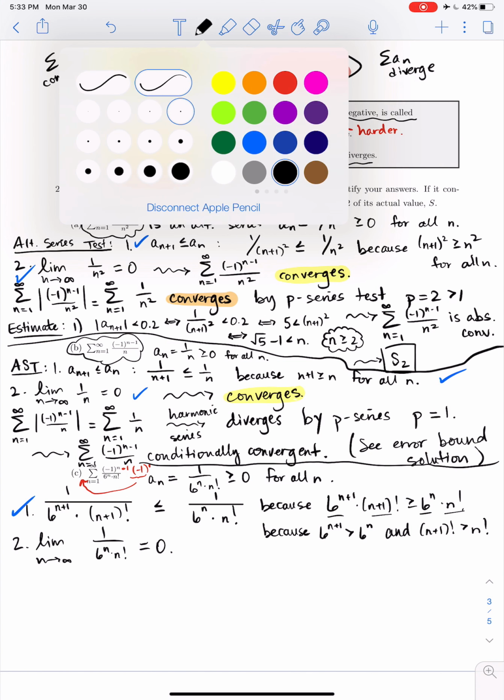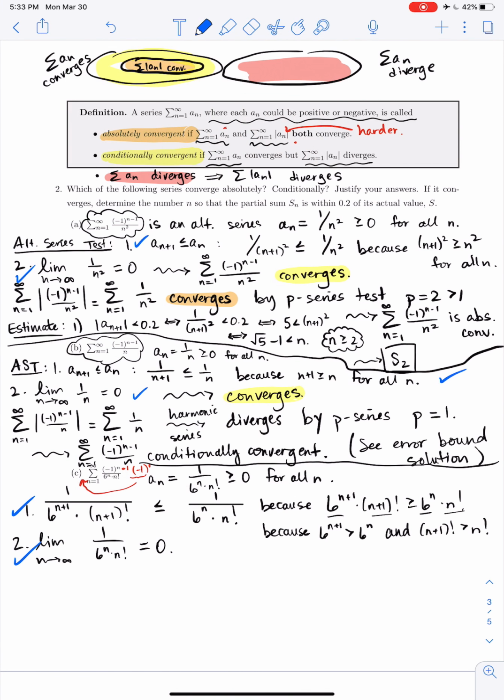So the alternating series test, again, applies, and it says that this series converges. Okay, great. So I think I will also have you go ahead and read the error estimate solution.